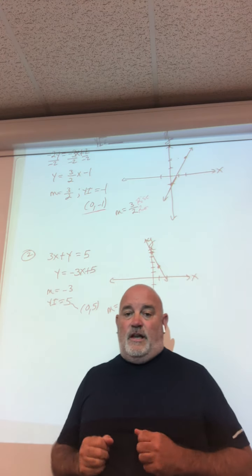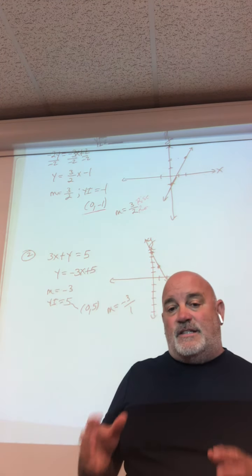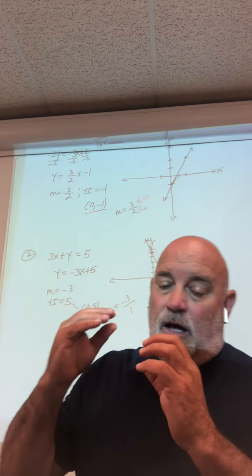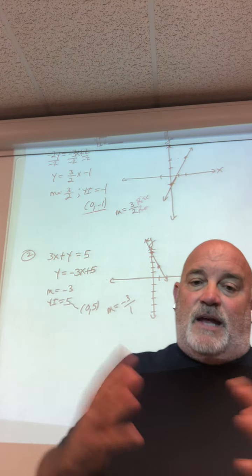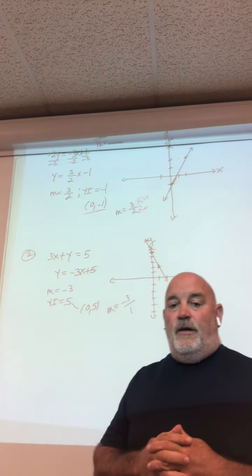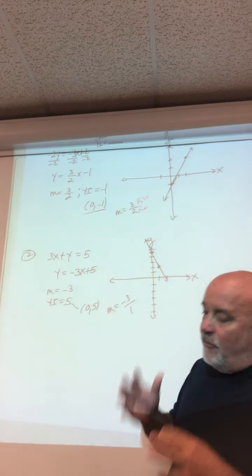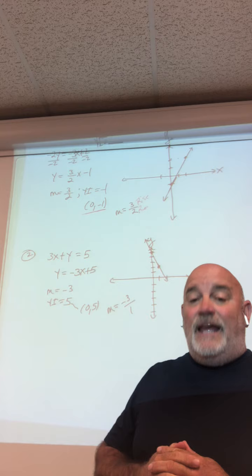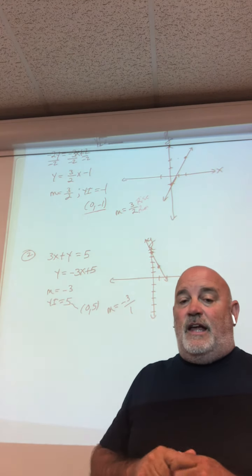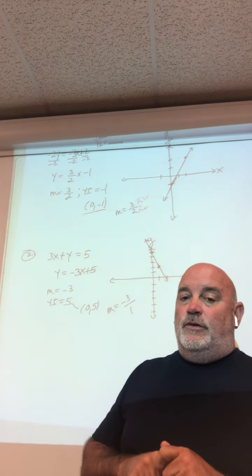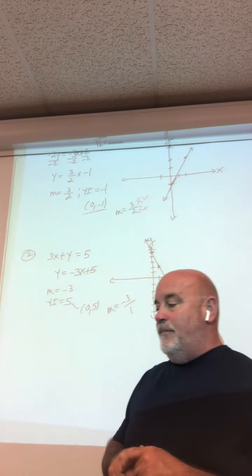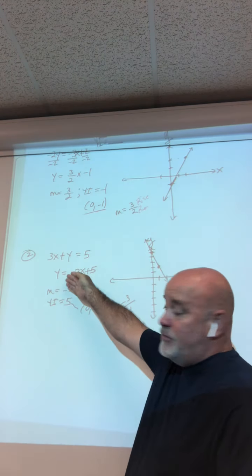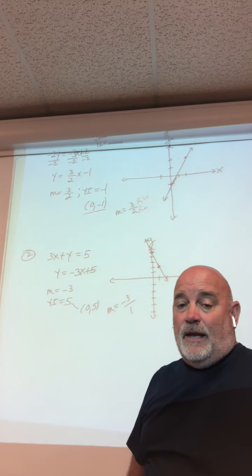So that's one scenario. But sometimes we're not given the slope and the y-intercept. Sometimes we're given other information. But before I get to that, let's do those first because those are the easiest. You can just go straight to the answer. If I give you the slope and y-intercept, you simply use the slope-intercept form of the line.